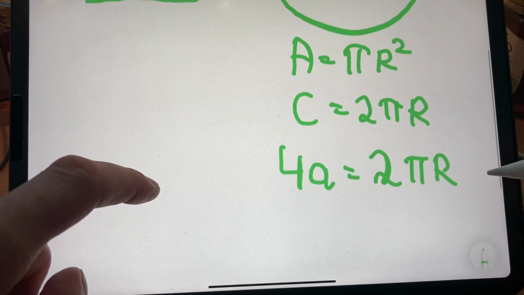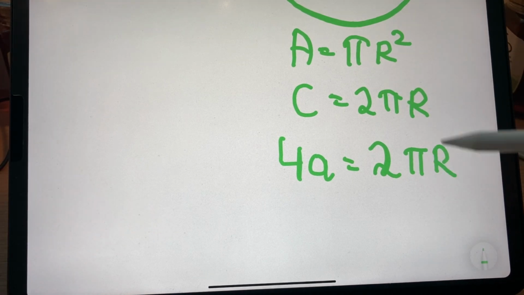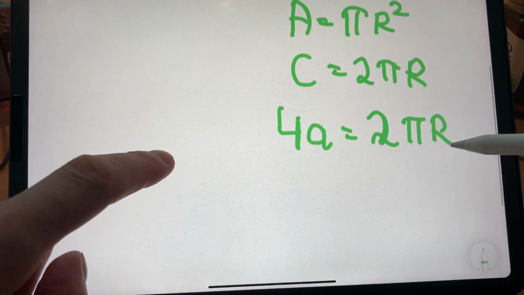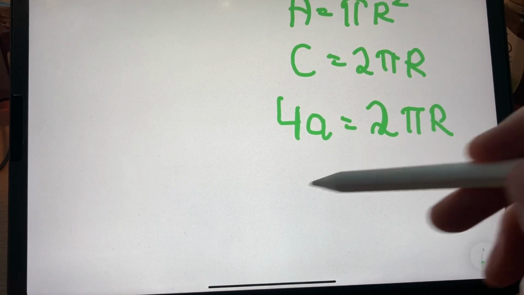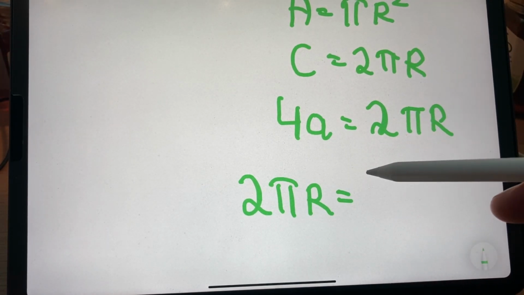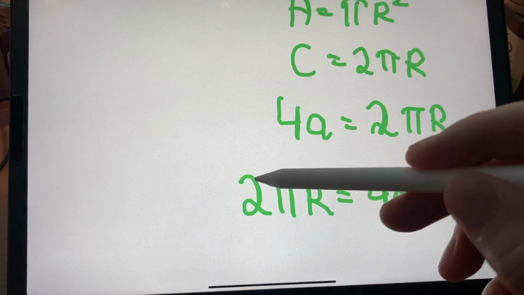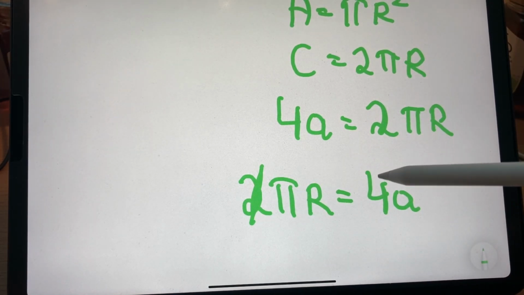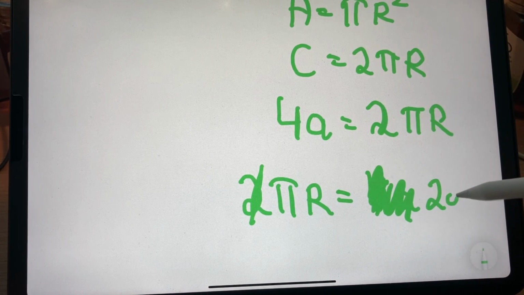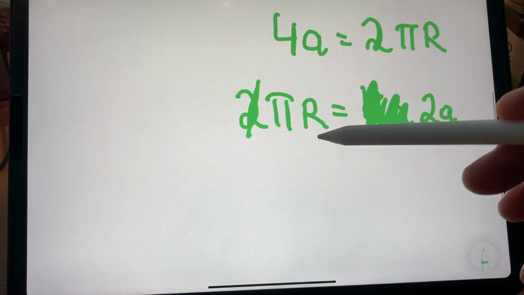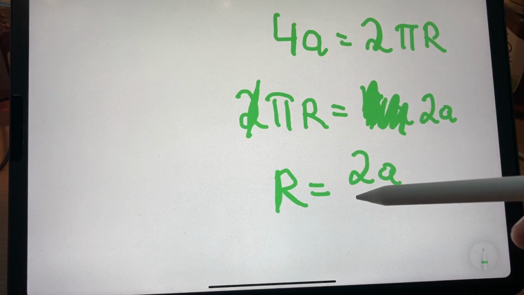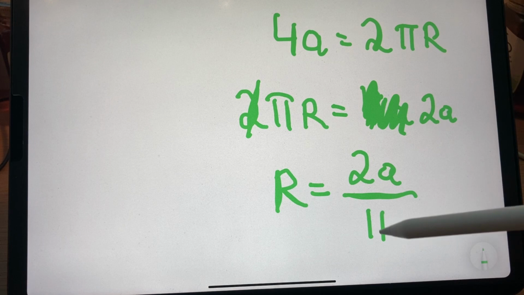Let's express r. 2 pi r equals 4a. We can divide by 2, so the 2 disappears and the 4a becomes 2a. So now r equals 2a divided by pi.